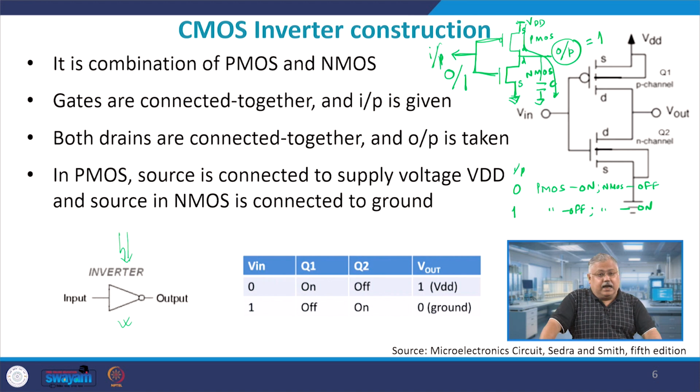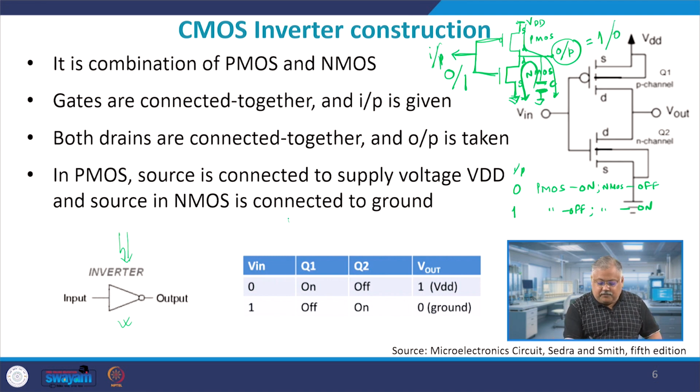I leave it as an exercise to you why at 0 PMOS will be on; you should be able to do it by now. Now, if this is the condition, then the capacitor discharges through this NMOS. I had a fully charged capacitor here, output was 1. Now, if I give a path for the capacitor to discharge, all the charge from the capacitor will flow through this NMOS device to the ground, and therefore, the value of the output will go to 0.